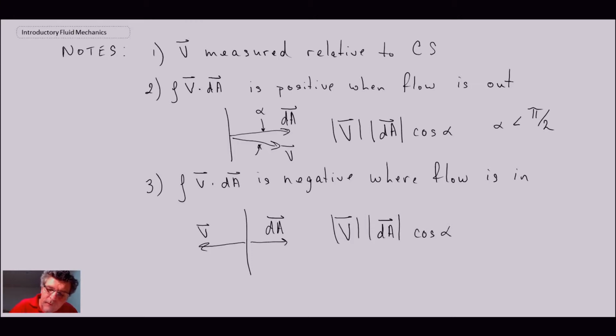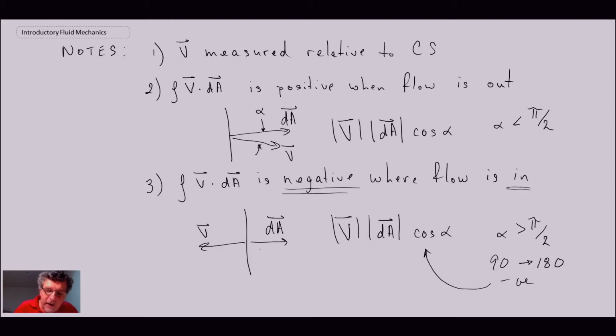That would be the expression of the dot product. And here alpha is greater than 90 degrees, and consequently cos of alpha, for an angle between 90 and 180 degrees, is going to be a negative value. And so that negative will go in there, and that is how we are able to get a negative when flow is into the control volume.